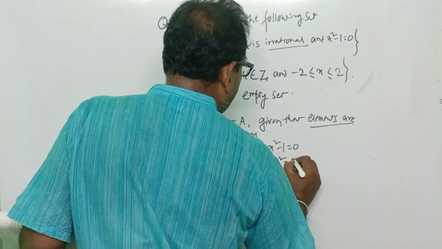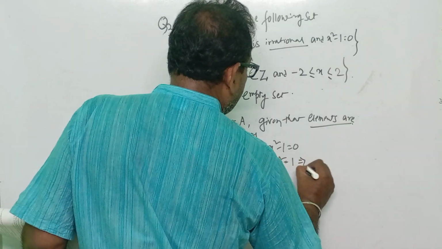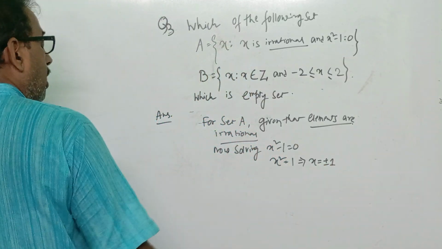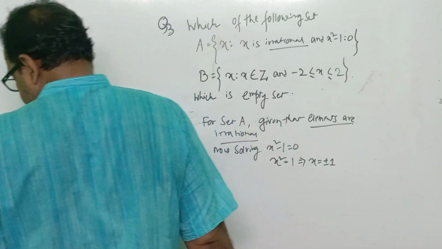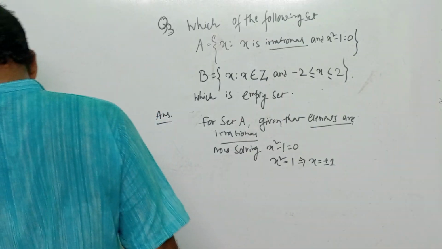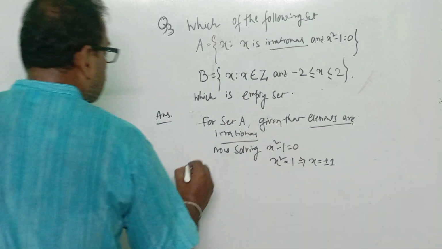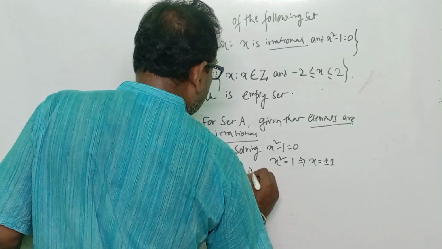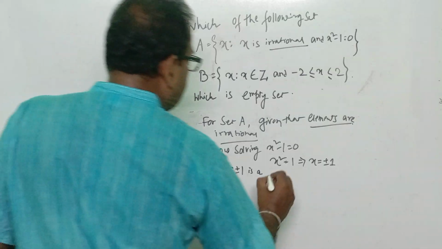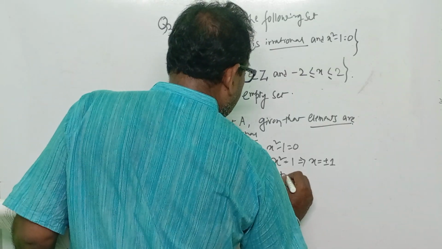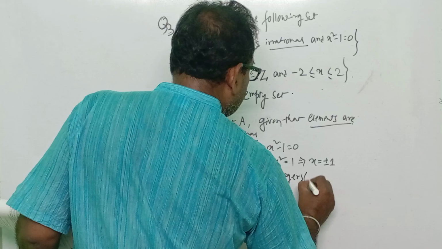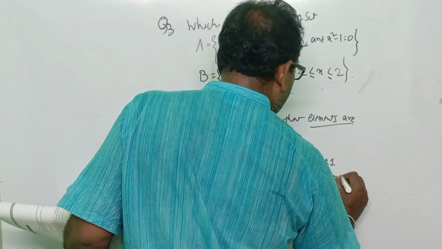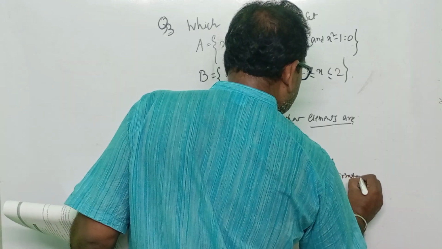So x square is equal to 1, which gives x is equal to plus minus 1. Now over here, x is equal to plus minus 1 is an integer, that is Z, not irrational.